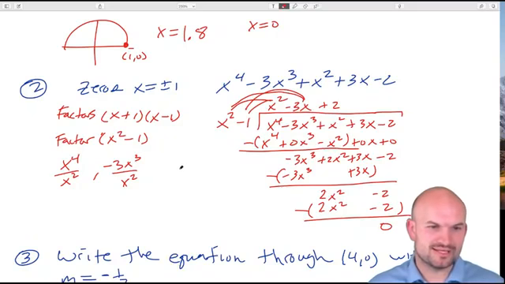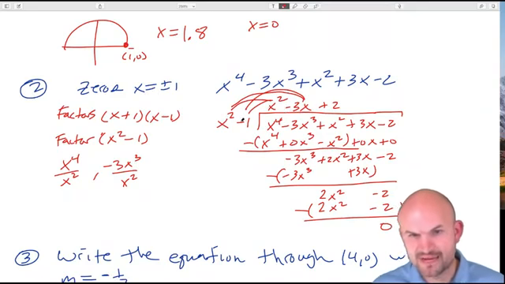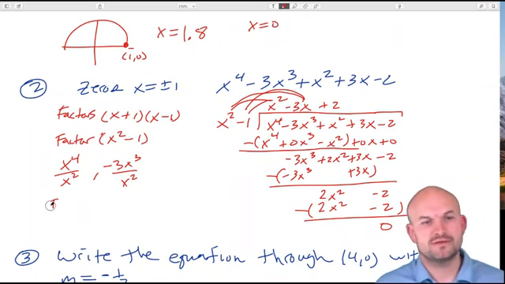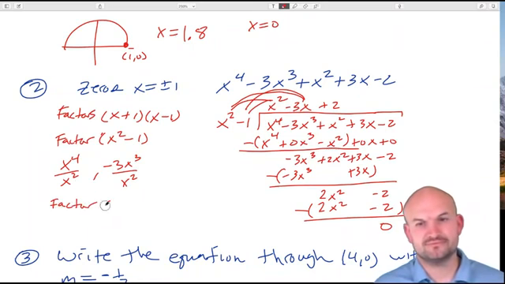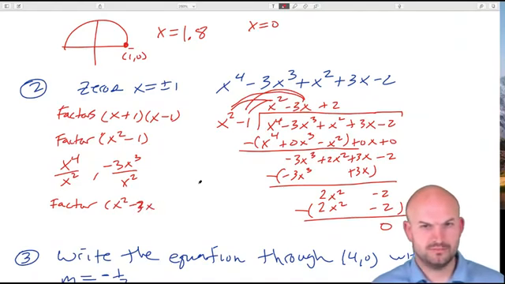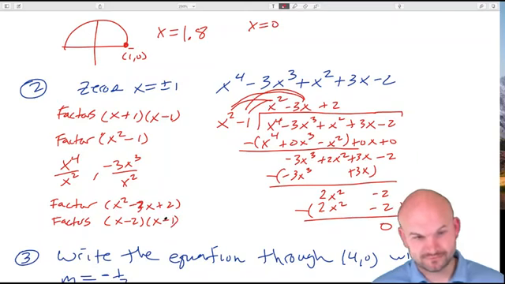And again, the important concept in what we're talking about is that if these are factors based on the zeros, well, since x squared minus 1 divides into this, then x squared minus 3x plus 2 is also a factor. And I could factor that down one more time to give me an x minus 2 times an x minus 1.